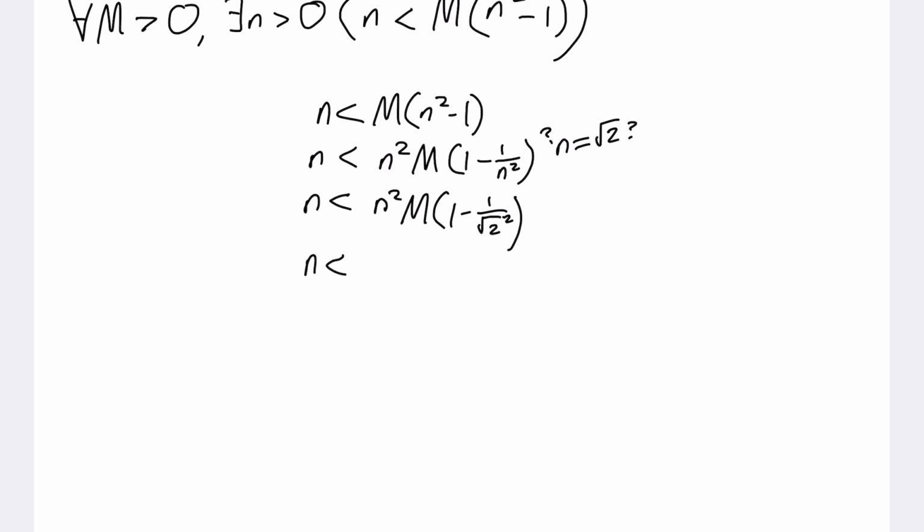So let's simplify this, just do some more algebra. Root 2 squared is 2. The thing in the brackets is now 1 minus 1/2, which is 1/2. Cool.